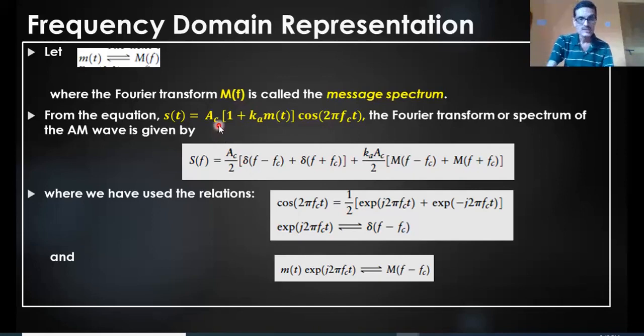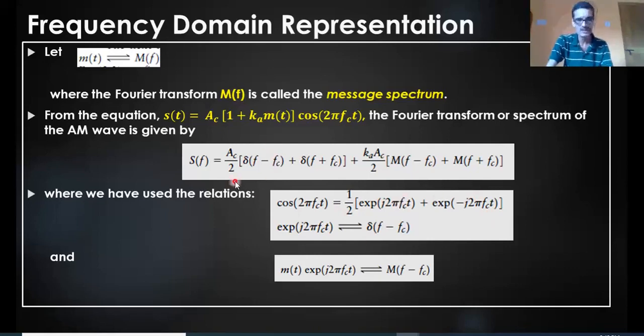So, Ac cos 2 pi fc t. Cos 2 pi fc t can mathematically be represented in the form of exponential terms, using Euler's rule. Now if I take the Fourier transform of any exponential term, it will be a delta function.